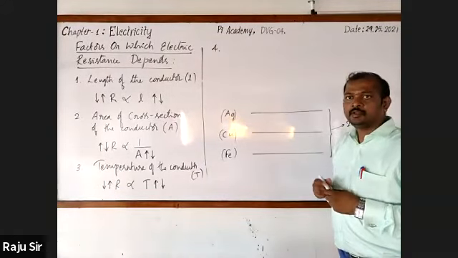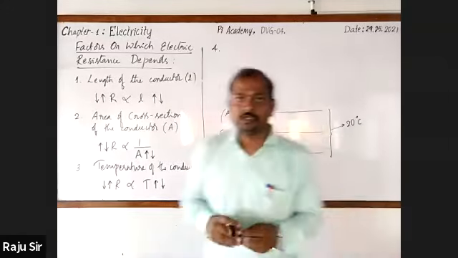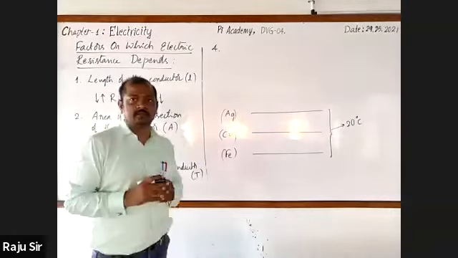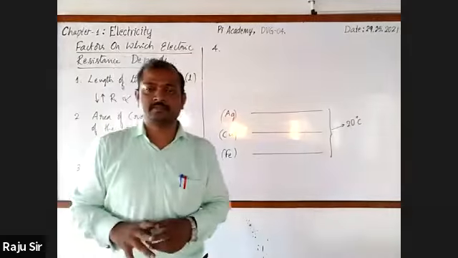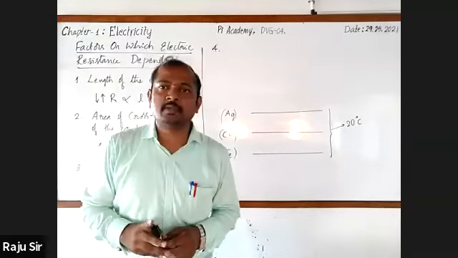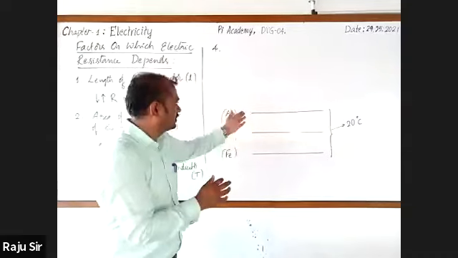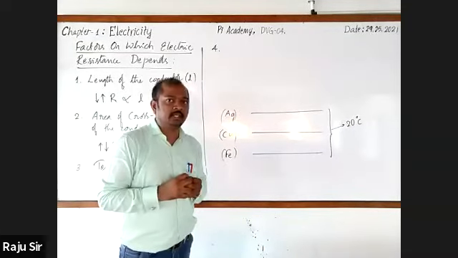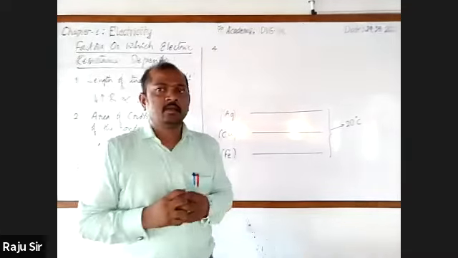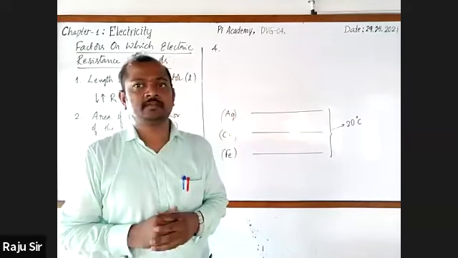Listen. Here we know that silver, copper and iron are all solids. How will be the arrangement of atoms in the case of a solid? Tightly packed. In all these, atoms are packed tightly. But among these three, a general question: which can be cut easily?